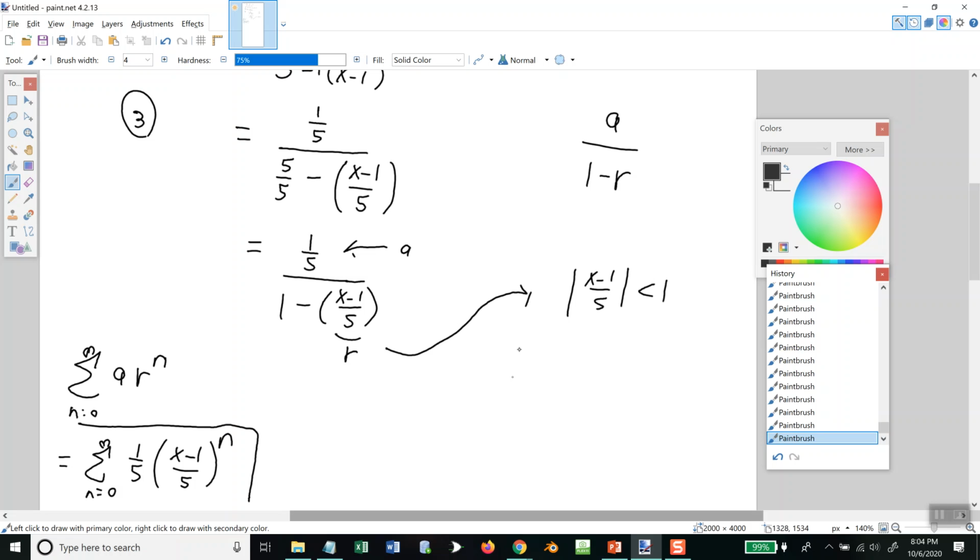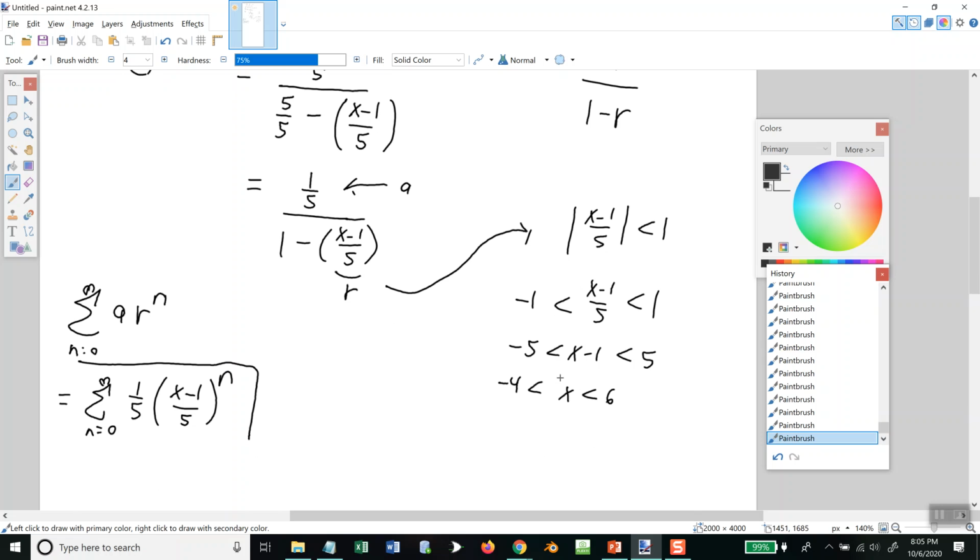I can drop the absolute value and put it in this form. Negative 1 is less than x minus 1 over 5 is less than 1. Multiply everything by 5, and I get negative 5 is less than x minus 1 is less than positive 5. Add 1 to all three sides, and you get negative 4 is less than x is less than 6. So that'd be negative 4 to 6.